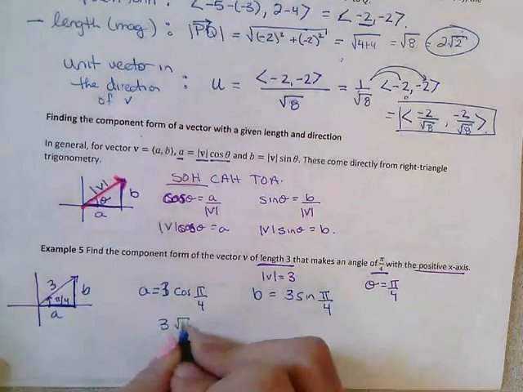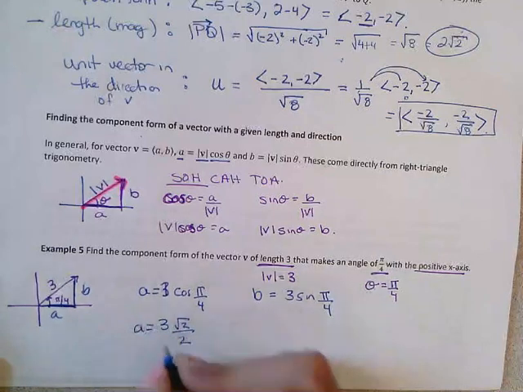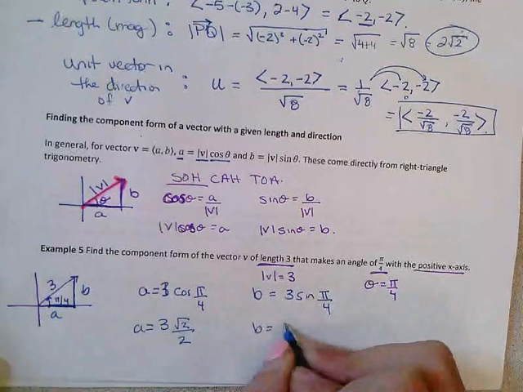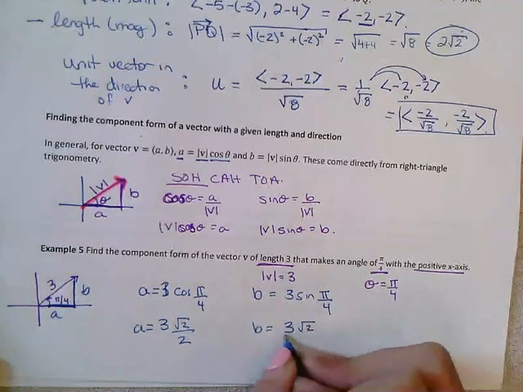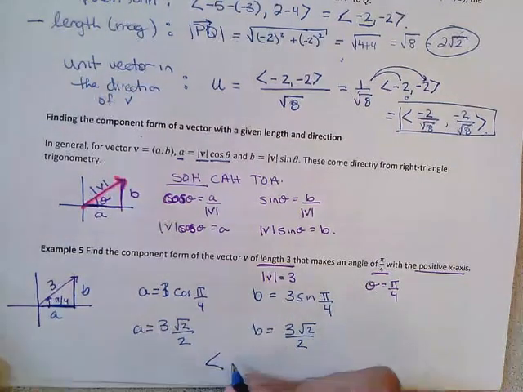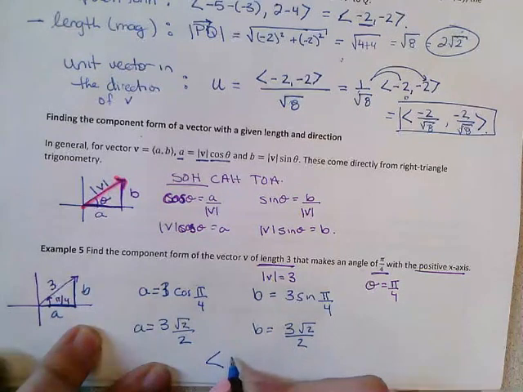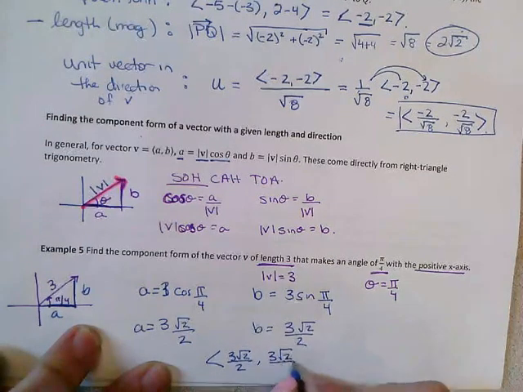So 3 times square root of 2 over 2. And that is your A. And B is going to be the same. 3 square root of 2 over 2. So my horizontal and my vertical components, given my magnitude and my angle, are 3 square root of 2 over 2 and 3 square root of 2 over 2.